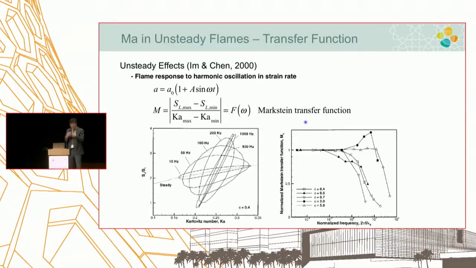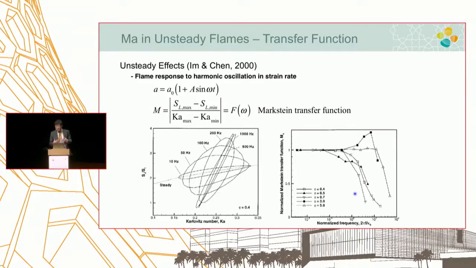So beyond certain frequency, it doesn't see that anymore. So this is one example of this Markstein transfer function done in a nice 1D counterflow situation. I just oscillate the inflow velocity, and you can indeed see that flame response just decays down, and there's so-called a cutoff frequency. And that may have an important implication in designing these gas turbine combustors.